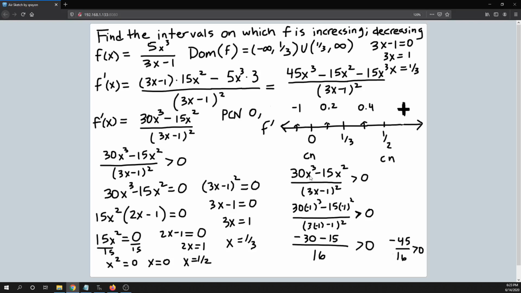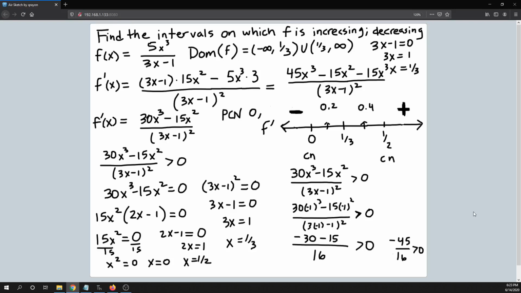And so when I plug any number on this piece into the derivative, I will have to get a negative number. So to illustrate that, I mark that interval with a minus sign. All right, so that's a minus right there.